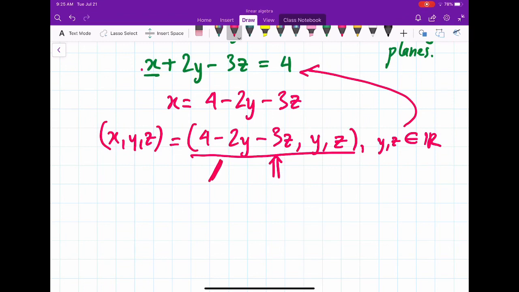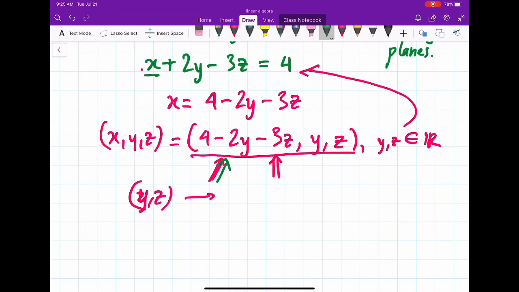So this formula says, for each pair y and z, you have some point in space, and that point can be described by this formula. Does that make sense? So this is some kind of function of two variables, and this describes some surface, and that surface is a plane in this case.